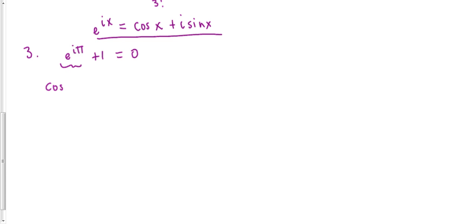And so we can write it as cosine pi plus i sine pi plus 1. And the cosine of pi is going to be -1. The sine of pi is going to be 0, and I'm going to have plus 1, and that's going to be equal to 0, which is what I was supposed to show.